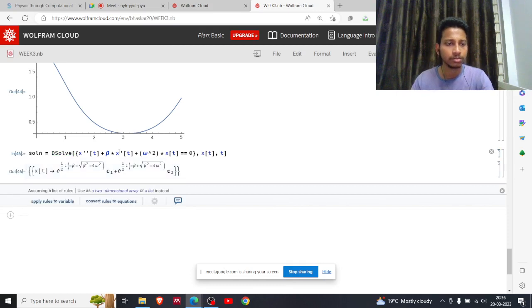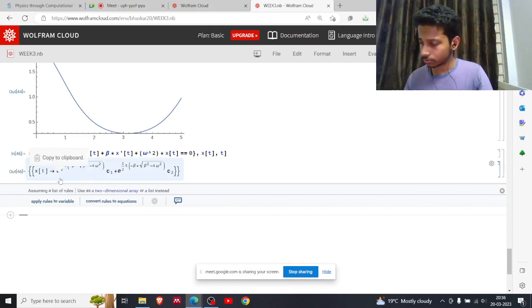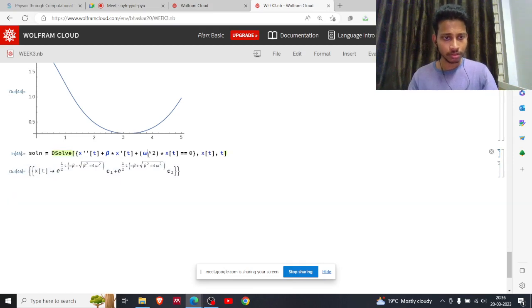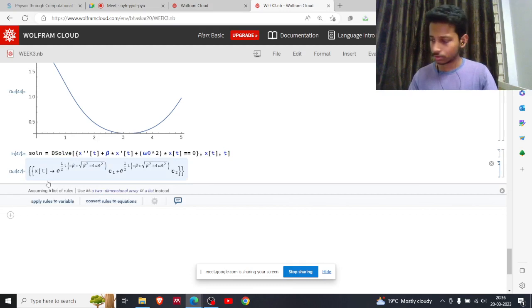So this is the solution for the damped oscillator, that is exponential to the power this c1 plus exponential to the power this.